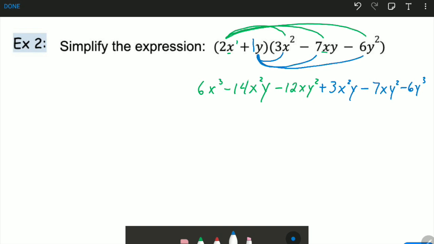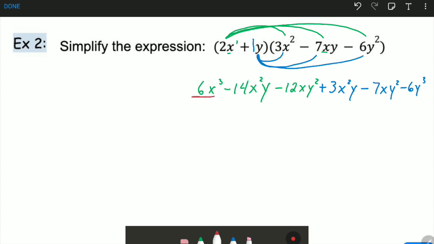For this one, I do have like terms to combine. Usually I recommend working just from left to right with multiple variable expressions. Sometimes there is a handy order that people would put it in. Really, it just depends on your teacher's preference as to what order they want you to put it in.